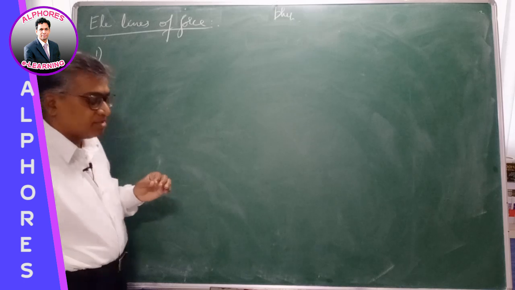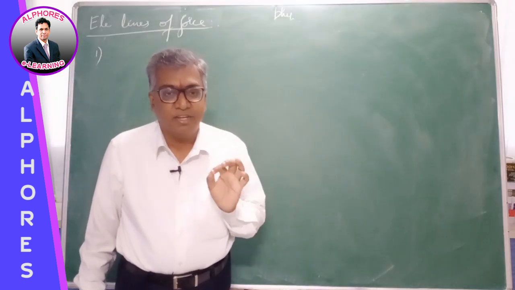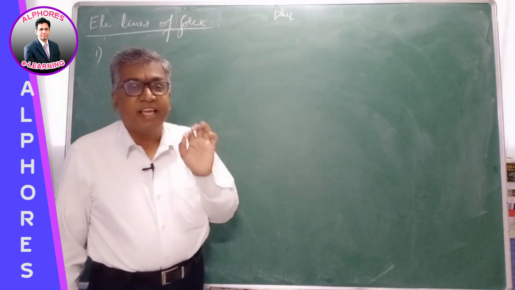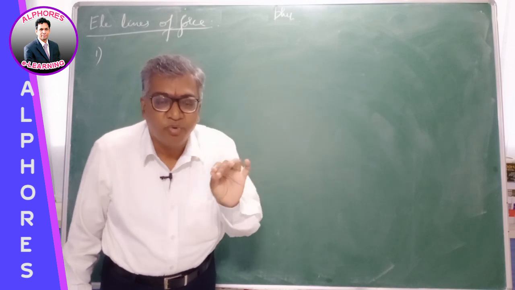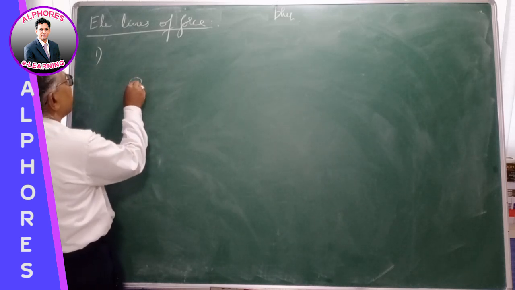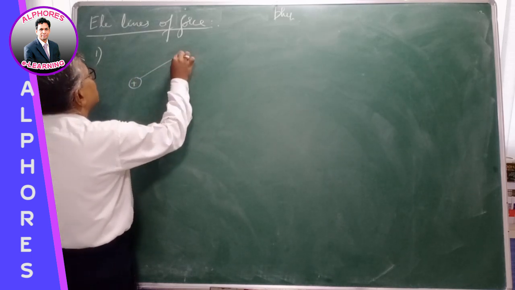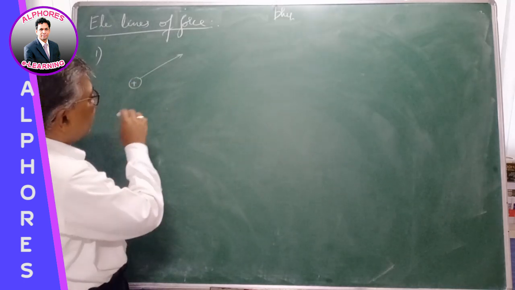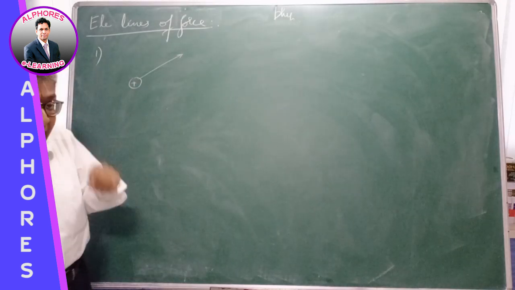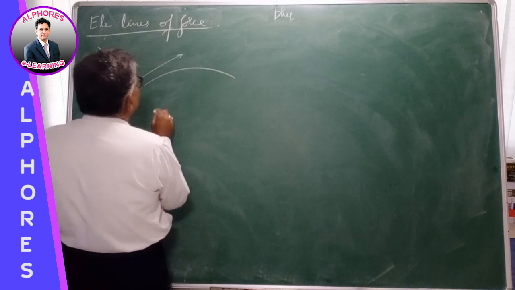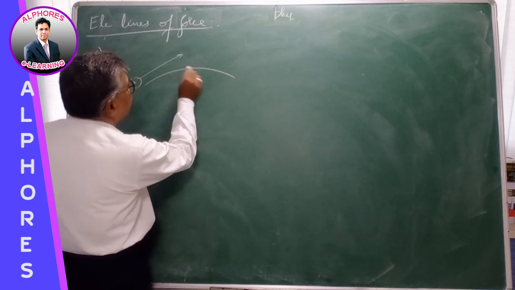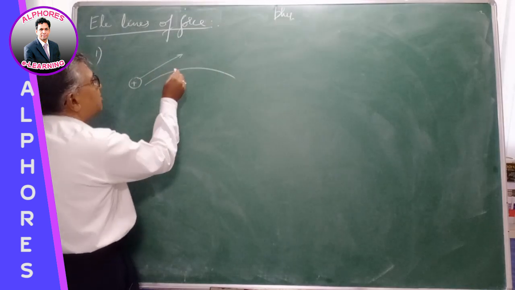So what are lines of force? The imaginary line or curve drawn in the path, in the direction in which a unit positive charge would tend to move in the field. Suppose I consider a positive charge; the line, or even a curve, in which a unit positive charge would tend to move in that field is termed a line of force.